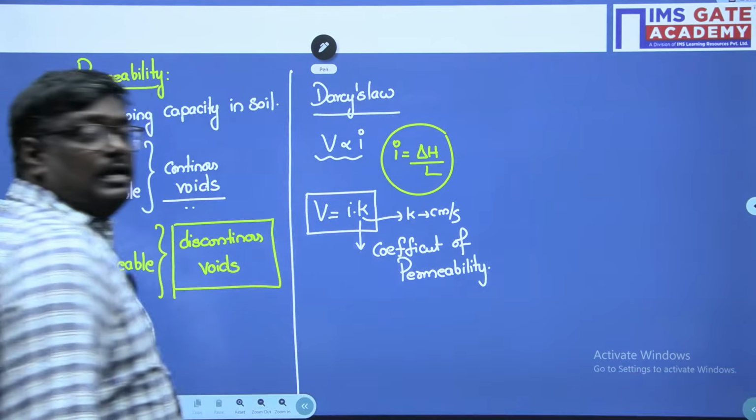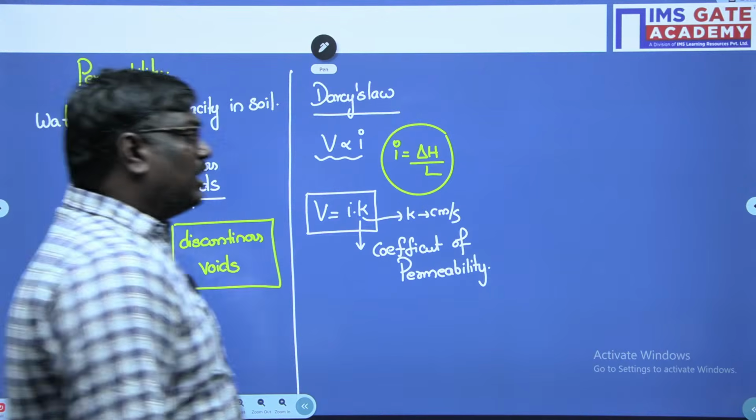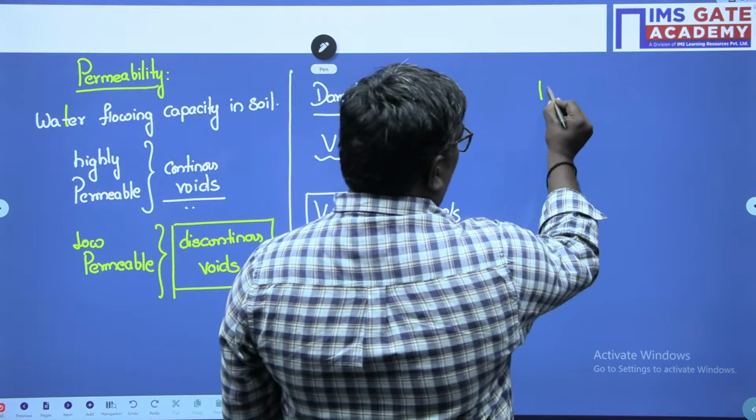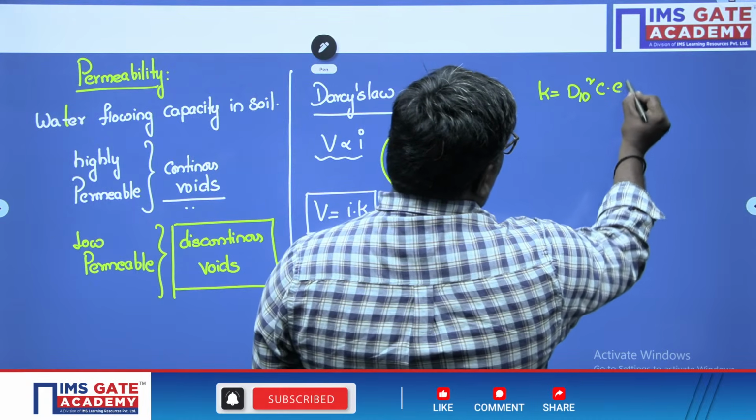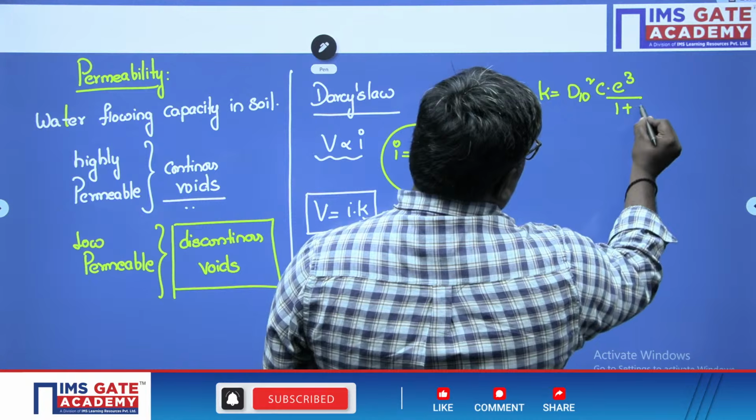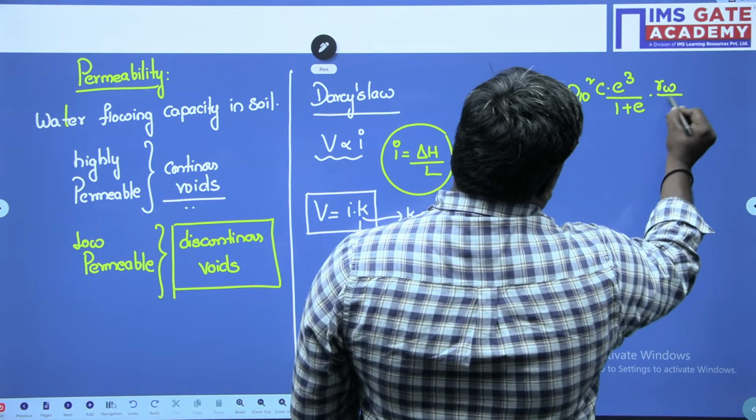Now remember, what are the factors affecting permeability? K is given by the formula K = D squared times C times e cubed by (1 + e) times gamma_w by mu.